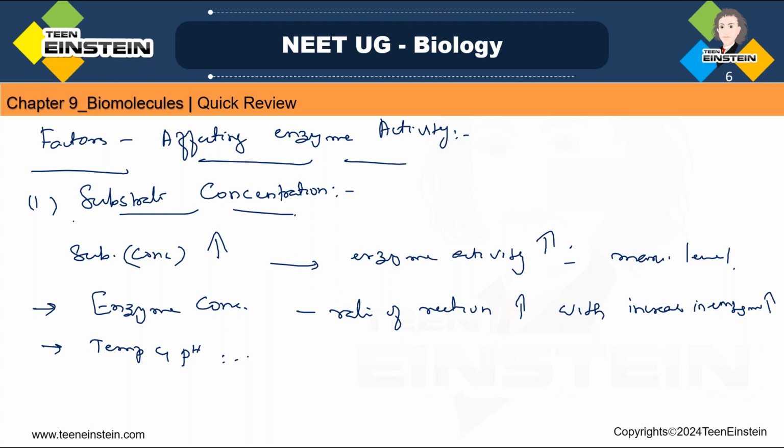Enzymes are denatured at very high temperature because they are proteins, proteinaceous in nature, and the rate of reaction will drop with the increase in temperature. In the pH case also the same thing happens. At very high pH, the proteinaceous nature is lost, and that will reduce the reaction rate.